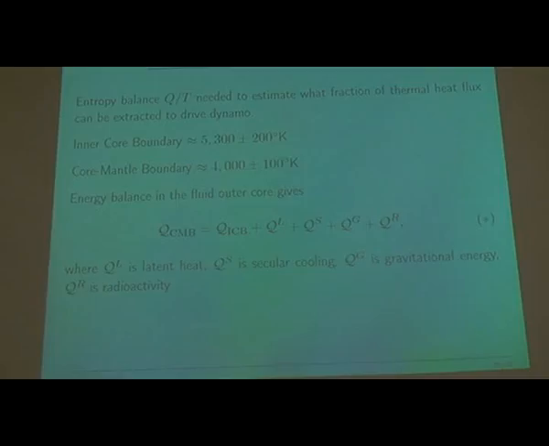There's an efficiency called the Carnot efficiency factor, which is basically the top temperature you're working at minus the bottom temperature you're working at, divided by the top temperature, and that gives you a percentage, and that's the best you can actually do. Now, I've mentioned that the core mantle boundary is about 4,000 and the ICB is about 5,000, so there's a sort of ratio. It's only about 20% temperature difference, so there's going to be something like a 20% Carnot efficiency factor.